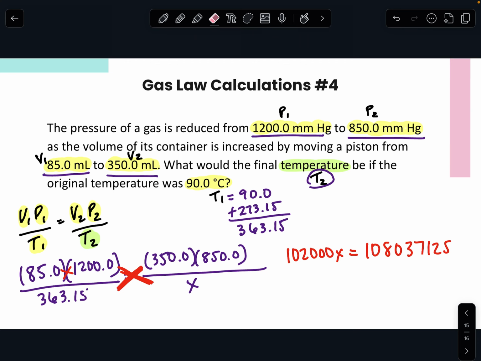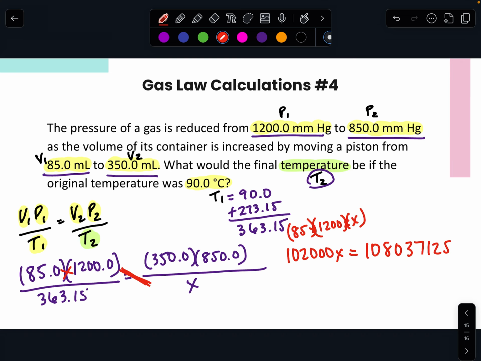Okay, once again, let me just write it over so everybody can follow along. The first thing I did was I said 85 times 1200 times X, right? That's how I ended up with this number right here, 102,000 times X. The next step was to multiply this way.